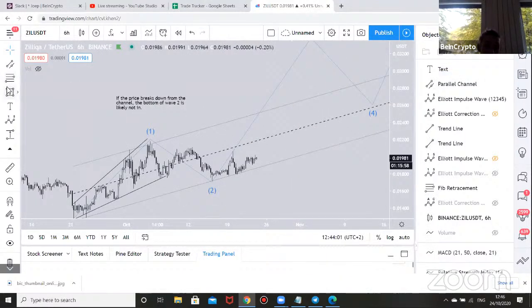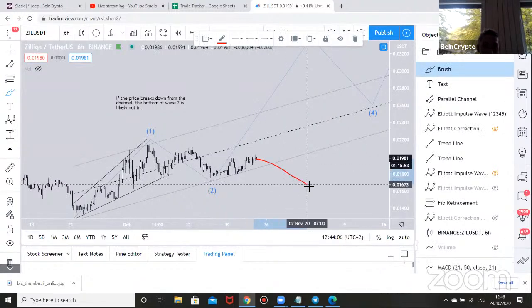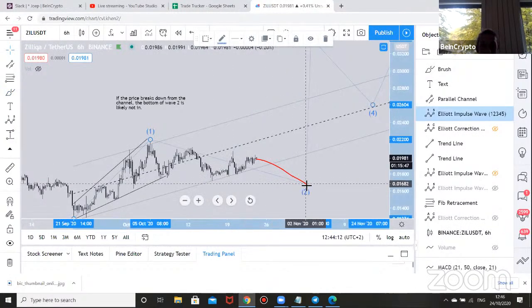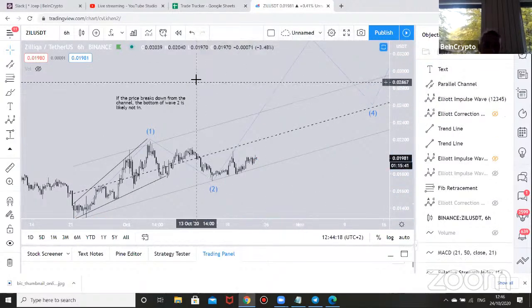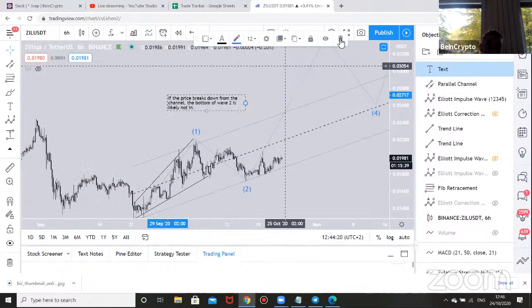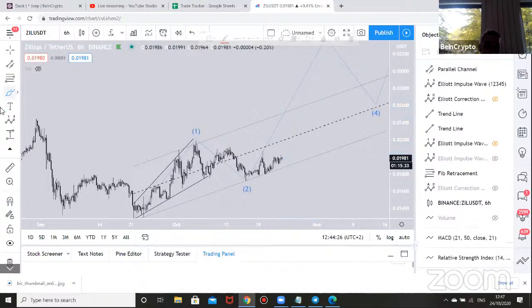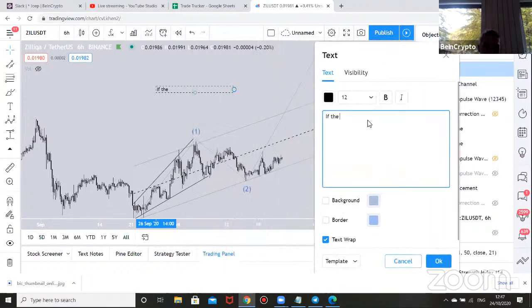So if the price breaks down from here, then I assume the bottom of wave 2 is not in. But if the price breaks out, then it's probably the beginning of an impulse.